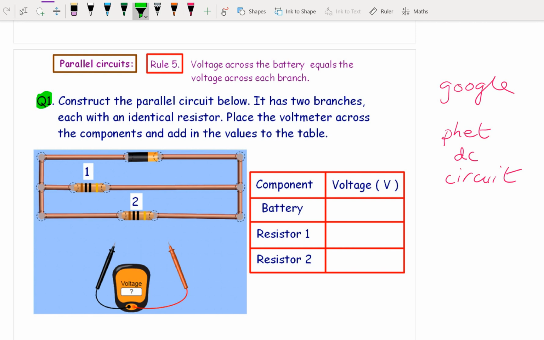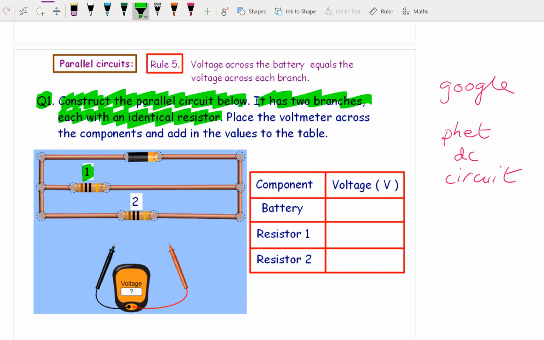And it says here in question 1, construct the parallel circuit shown below. It has 2 branches, each with an identical resistor. There's resistor 1, there's resistor 2. Place a voltmeter across the components and add in the values into the table. You have a go at that now. Pause the video and I'll come back with the answers in a second.